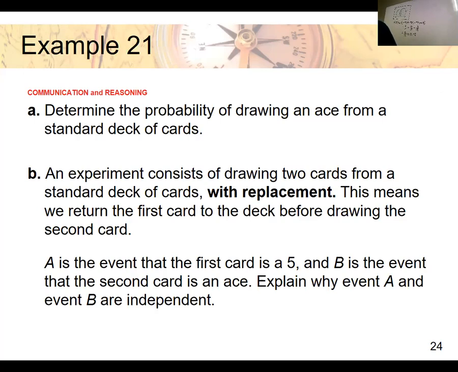Determine the probability of drawing an ace from a standard deck of cards. And then part B, an experiment consisting of drawing 2 cards from a standard deck of cards with replacement, meaning that we return the first card to the deck before drawing the second card.